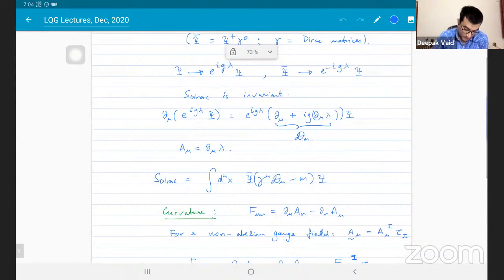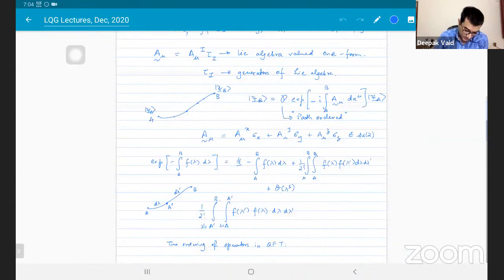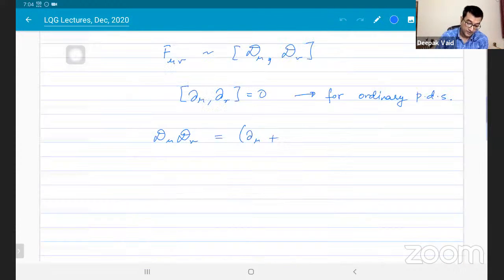I think I mentioned it in the beginning also, when I talked about the complex scalar field in one of the previous classes. So this covariant derivative, let me write it like this: D mu is d mu plus ig A mu.